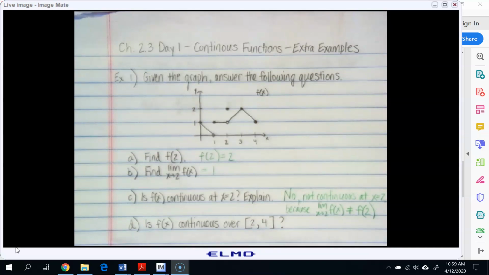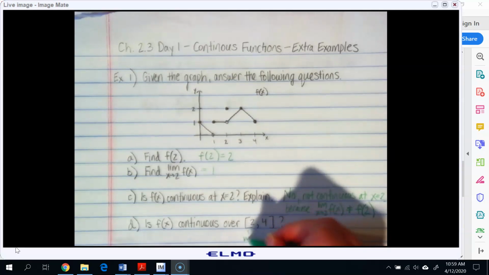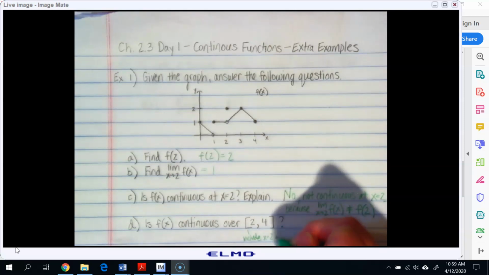Alright. The last question is just to make sure we recognize some of our interval notation and we're being careful. Letter D, it says, is f of x continuous over the interval 2 to 4? And notice the brackets, that means we are including 2 and 4, right? Include x equals 2 and x equals 4 because they're brackets.